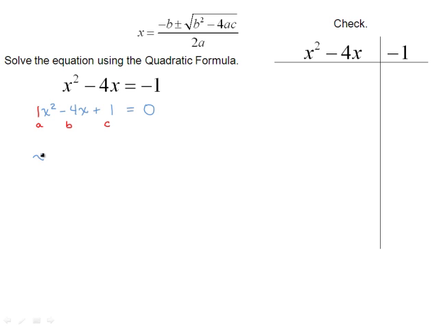So we would have x equals -b, so negative of -4, plus or minus the square root of b squared, so that would be -4 squared, minus 4 times A is 1, times C, and C is also 1, and this is all divided by 2 times a.